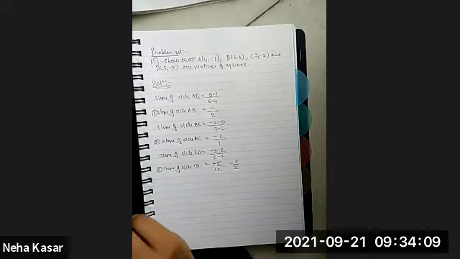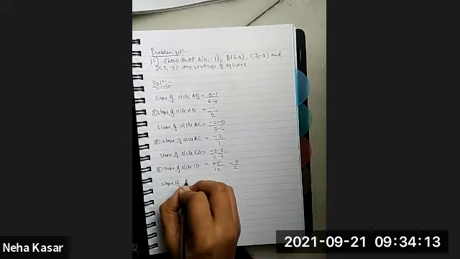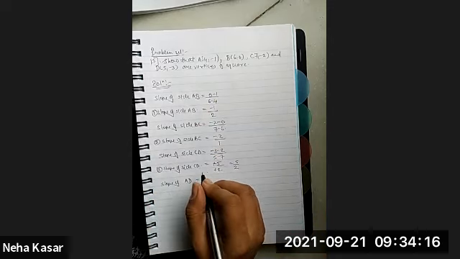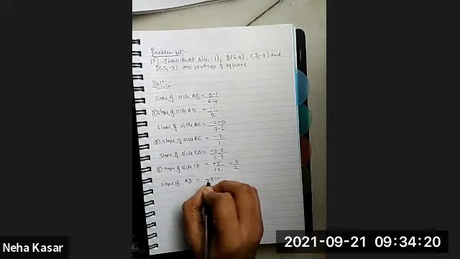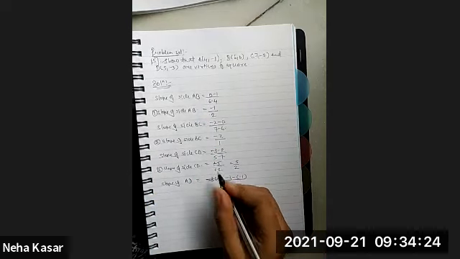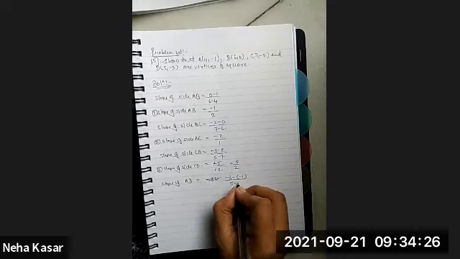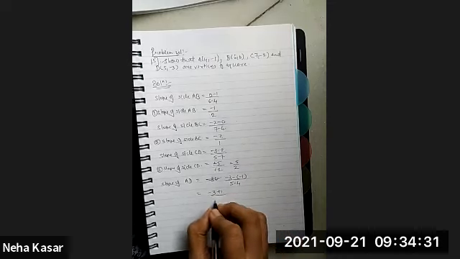And last, we have to find the slope of line AD. So AD will be minus 3 minus of minus 1, and then 5 minus 4. So minus 3 plus 1 upon 5 minus 4 is 1.